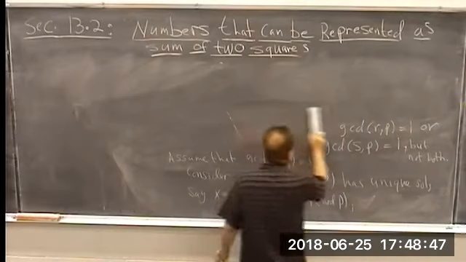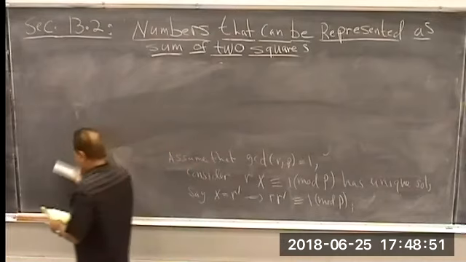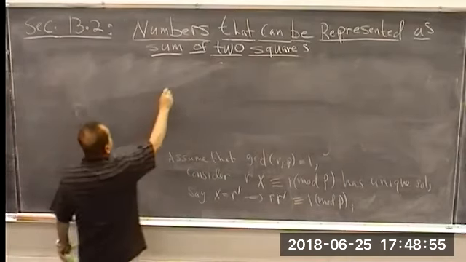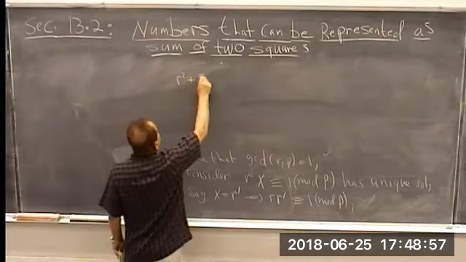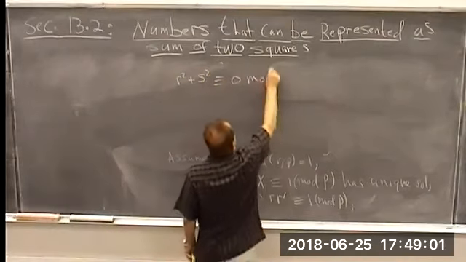Let's look at actually this equation, which we have: r squared plus s squared. We know this one is equal to 0 mod p.